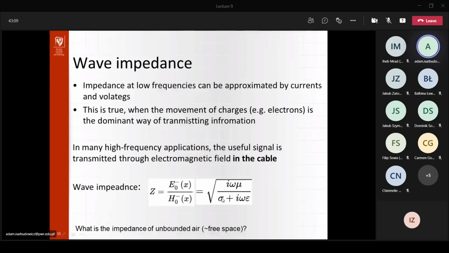Because again, if you think about a radio signal in the air, the conductivity through a vacuum is pretty much negligible, if not none. So again, these two components will dominate, and you can easily calculate that from the constants mu zero, the permeability of vacuum, and epsilon zero, the permittivity of vacuum.